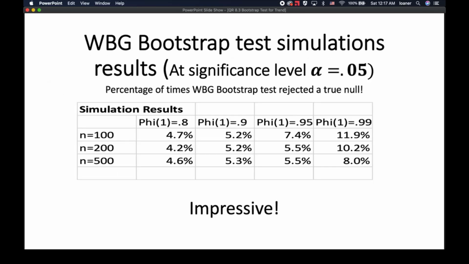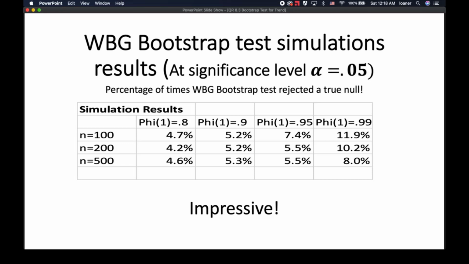Okay, let's look at results. Remember, because the nominal significance level is 0.05, we're hoping for values around 5%. Our first two tables have not been near 5%, and take a look at this. In the phi1 of 0.8 column, 4.7, 4.2, 4.6. For phi1 of 0.9, right in the 5 range.